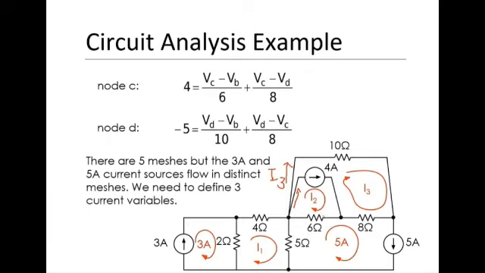So the current going through here is 4 amperes. Now the current going through this branch, wait, we chose the wrong node. So erase all that. Sorry about that.